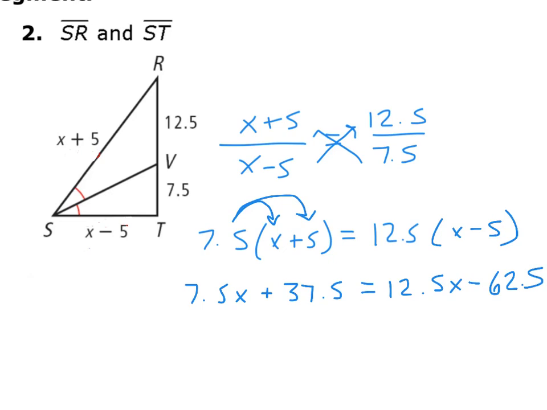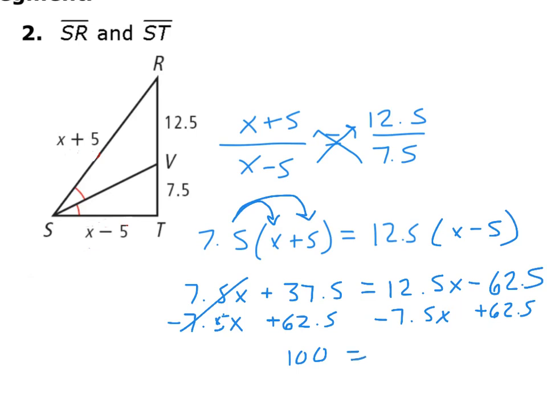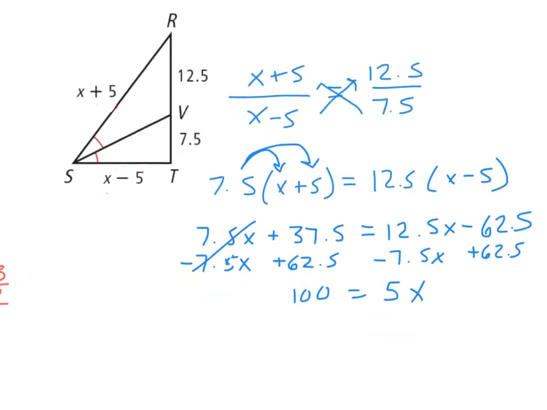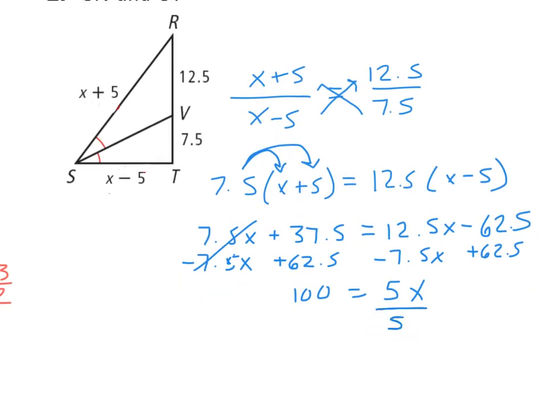Subtract 7.5x from 12.5x. So we get 100 is equal to 5x. x is 20.